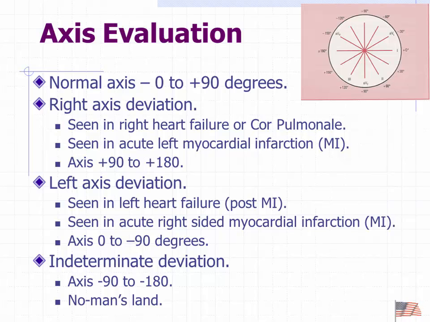Right axis deviation, where we see it again with cor pulmonale, right-sided failure, or with acute left ventricular infarction, away from the infarction towards the hypertrophy.